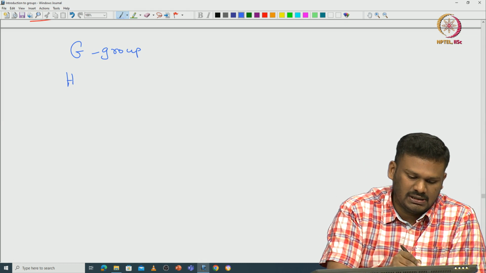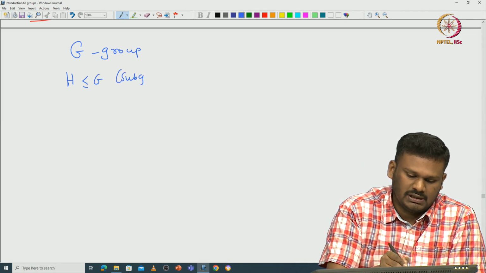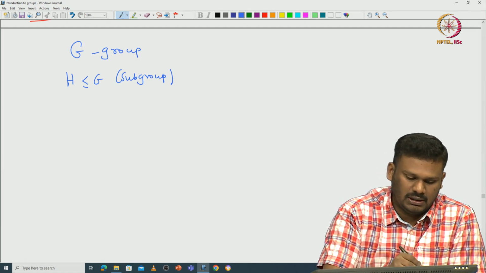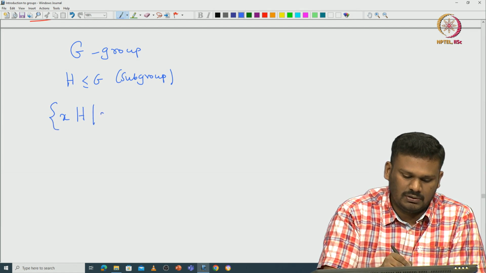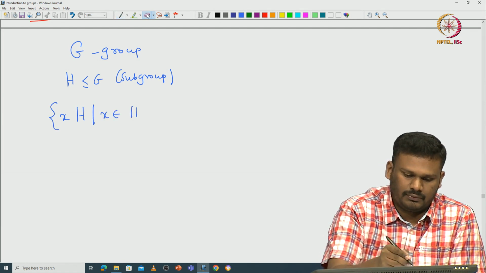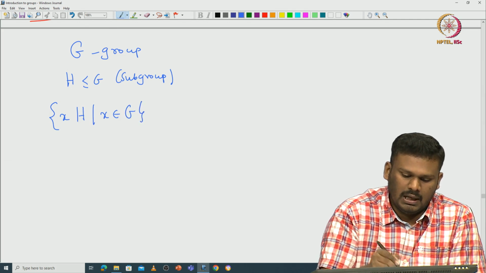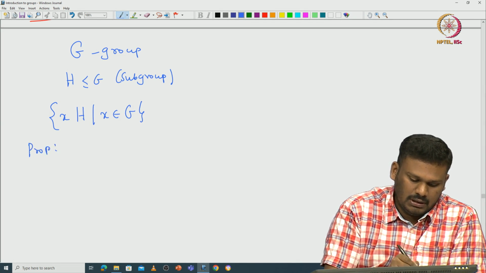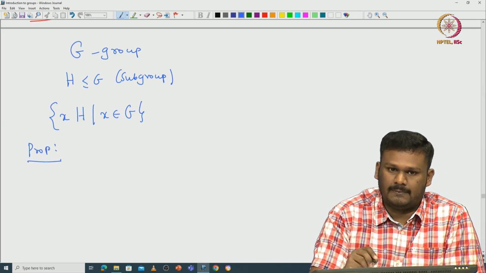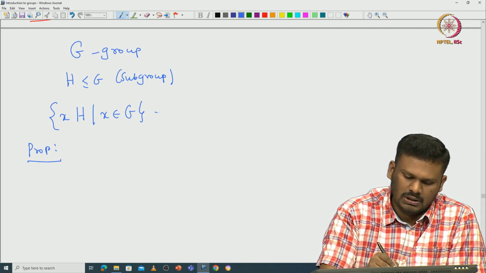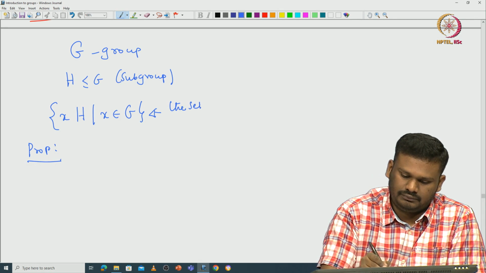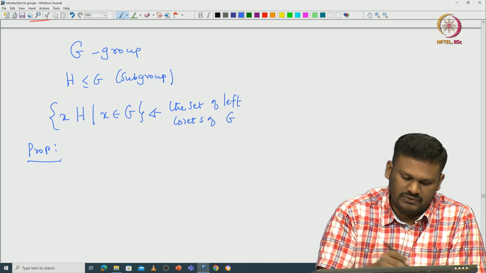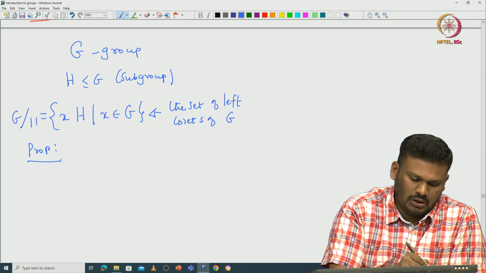And H is a subgroup of G. Then we talked about left cosets of H. And what we proved in the last class is that these left cosets form a partition of capital G. The set of left cosets of H in G we denoted by G modulo H.